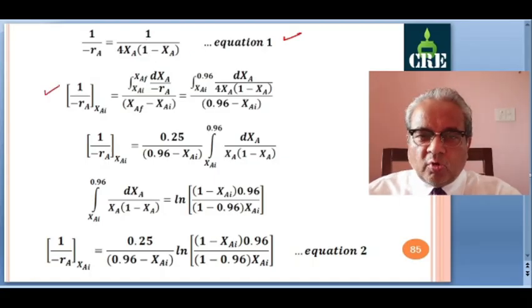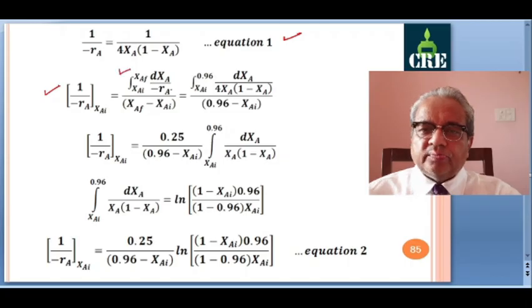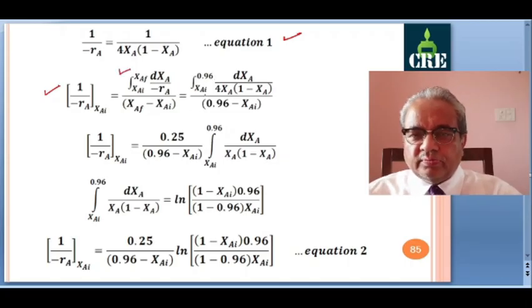Now we use the recycle model. 1 upon minus rA at XAI is equal to the integral from XAI to XAF of dXA by minus rA, divided by XAF minus XAI. This we have already derived for autocatalytic reactions. So dXA by minus rA is 4 XA into 1 minus XA.